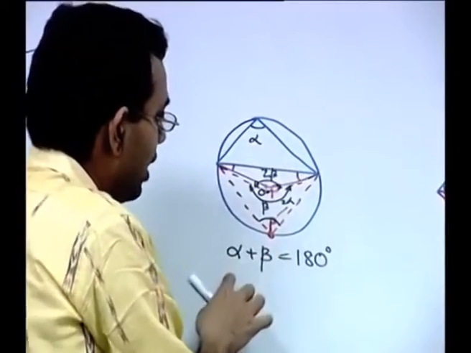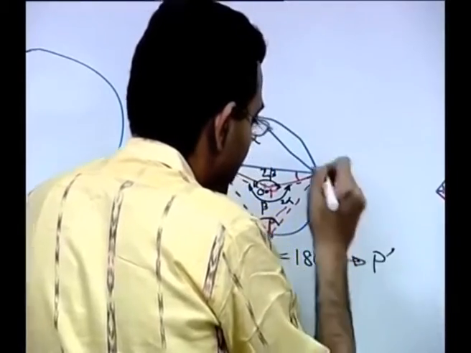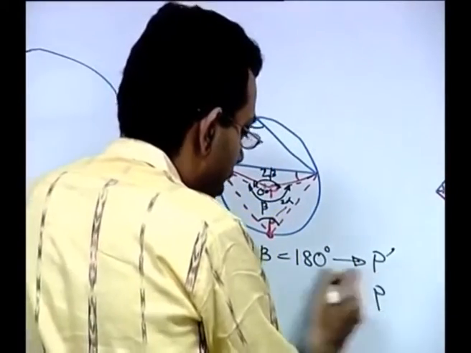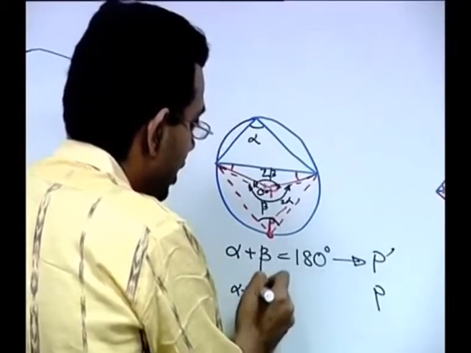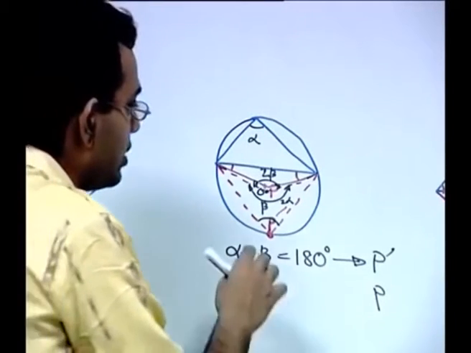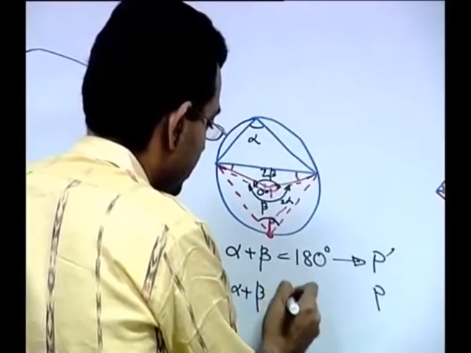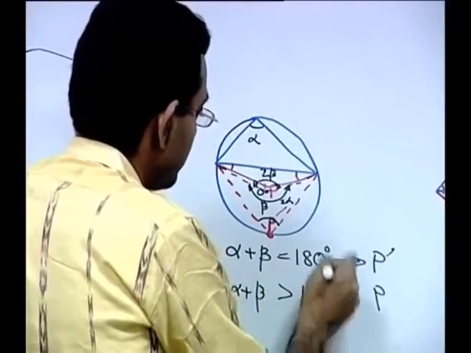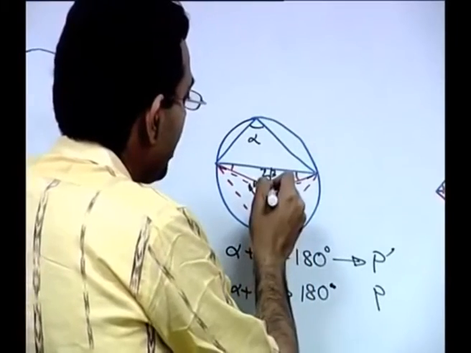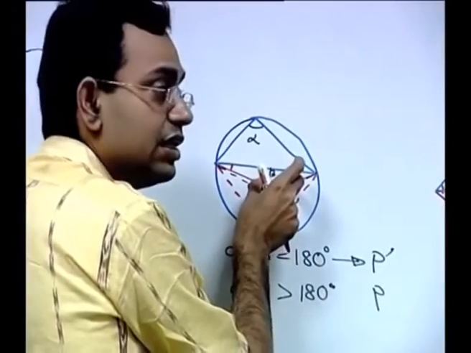Given the angle alpha, alpha plus beta is equal to 180 degrees for the point P dash. Then for the point P, what is alpha plus beta? Greater than 180 degrees or less than 180 degrees? Greater than 180 degrees, because you can see that if you bring the point inside, this angle beta increases.